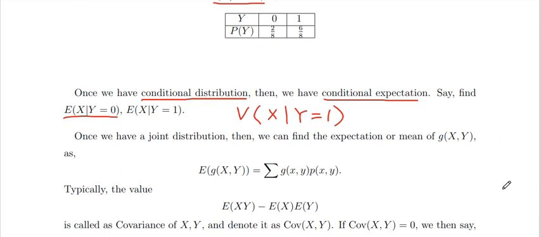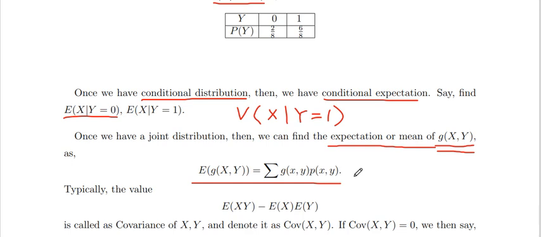Okay. So in general, we have the expectation for x, the expectation for y, or the expectation for a random variable g(x,y). This expectation of g(x,y) is each value multiplied by the probability of that value happening.